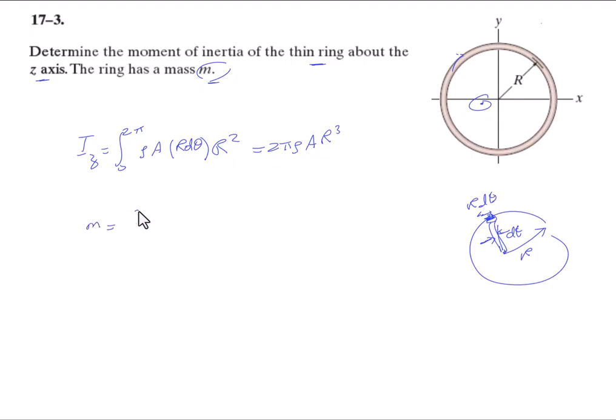So m is the integral from 0 to 2 pi of rho a r d theta, which is 2 pi rho a r. You can see in this one of these r's with these variables, this will give you m. So this moment of inertia is equal to just m r squared.